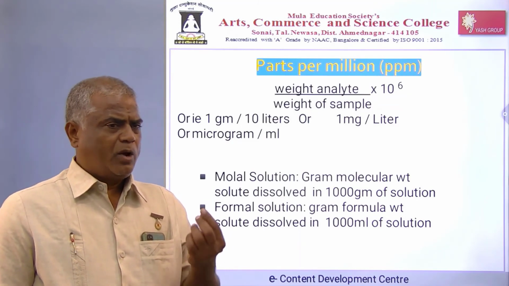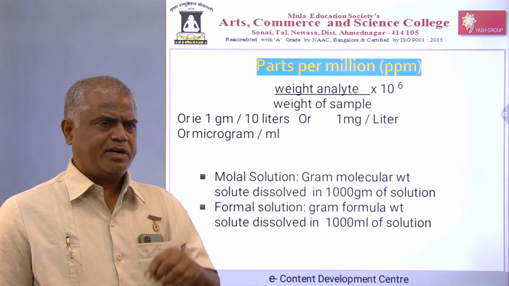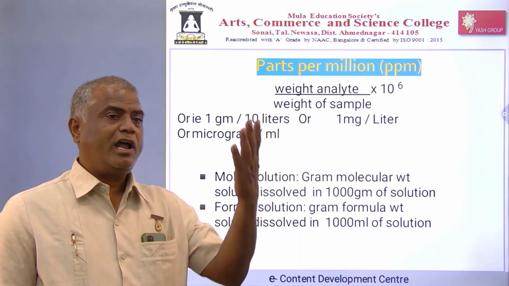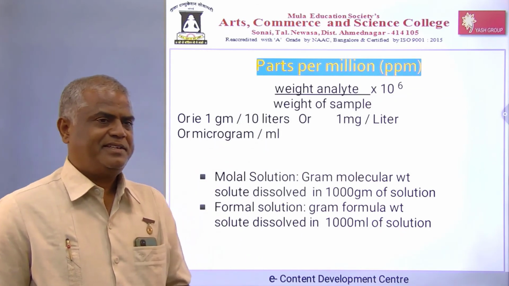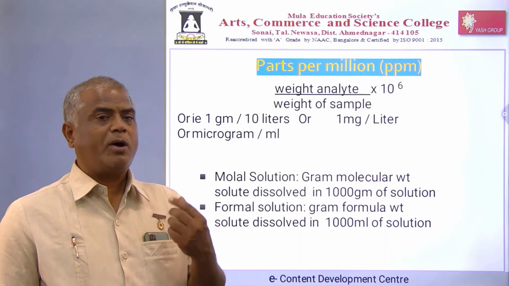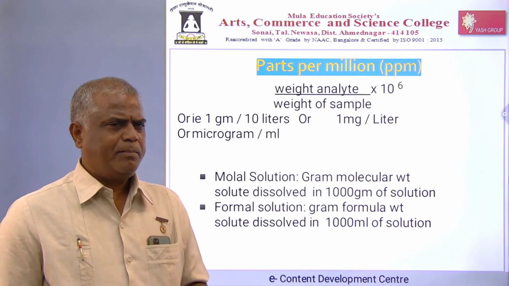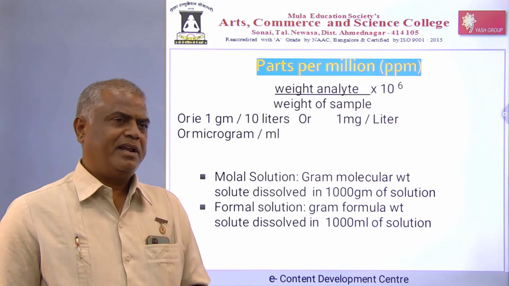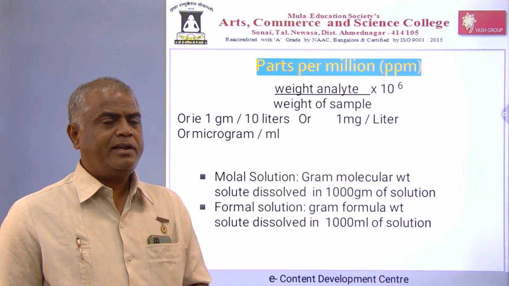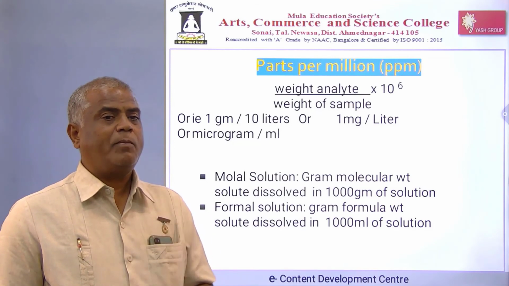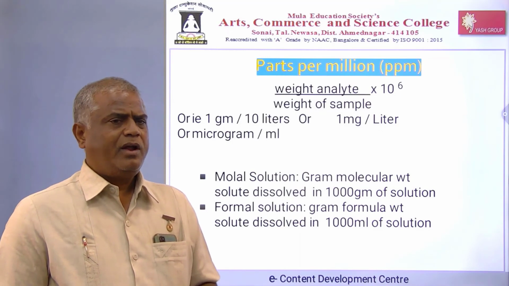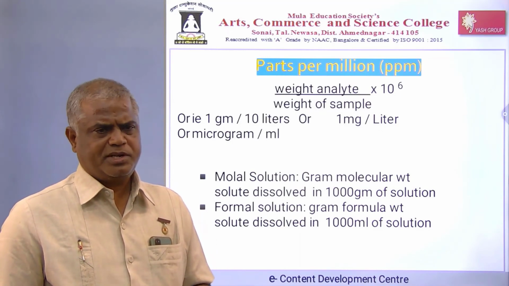Now, the fifth method of expressing concentration is molal solution, molality. The gram molecular weight of your solute dissolved in 1000 gram of solution is called molality. The number of moles of solute dissolved in 1000 gram of solution is called molality.